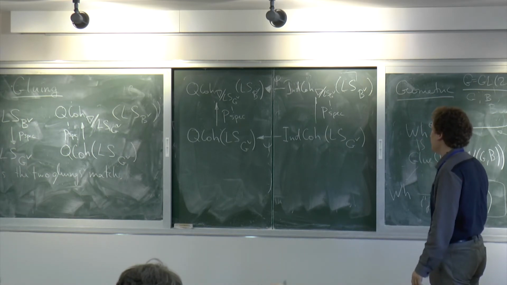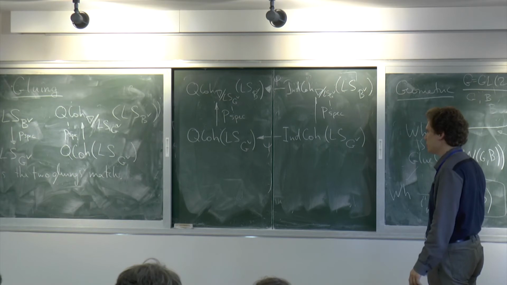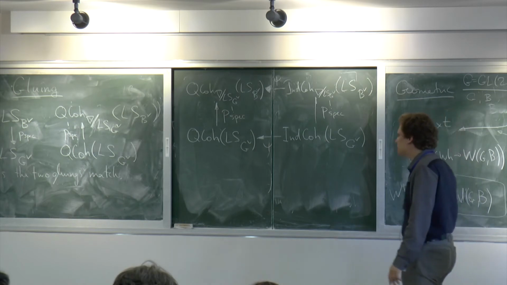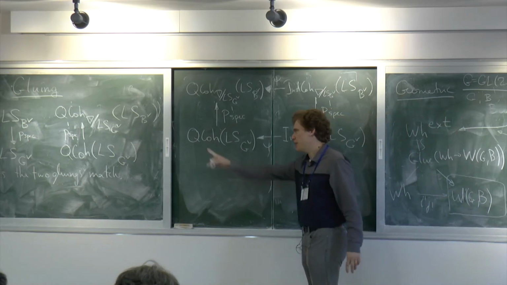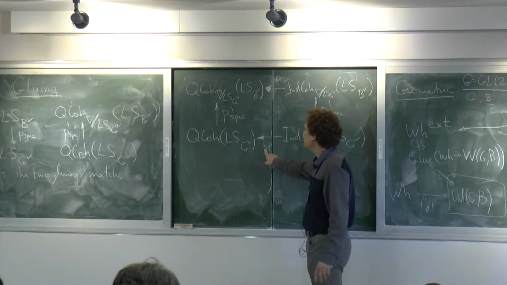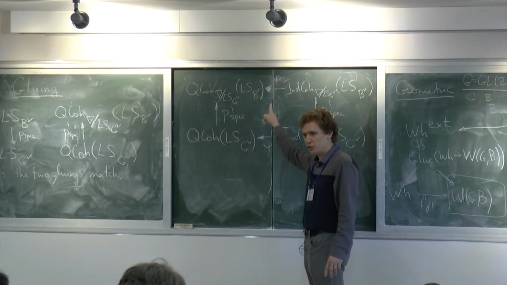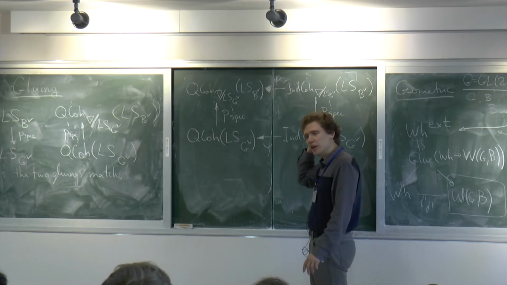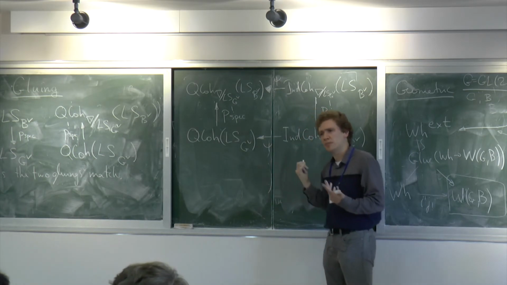Now, the problem is that this diagram does not commute. As written, it's P shriek. The point is that I'm using psi to relate the two categories, or if you like, you can use psi in the other way. And psi does not involve a twist by omega.